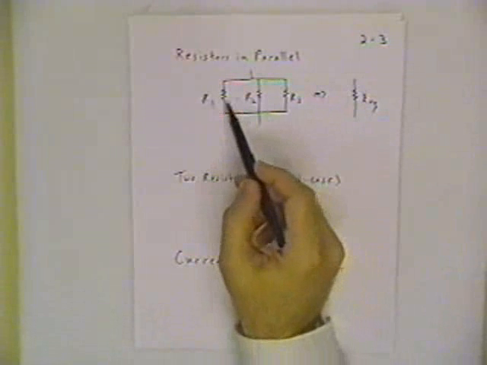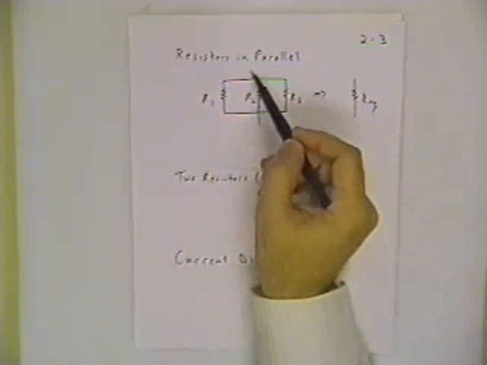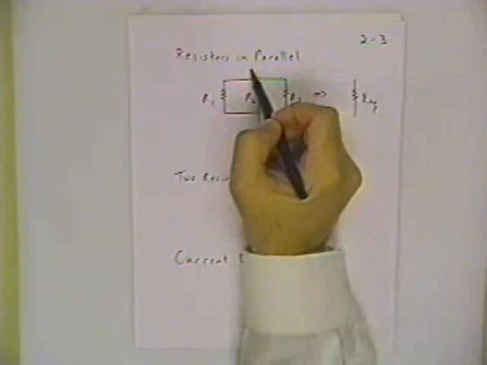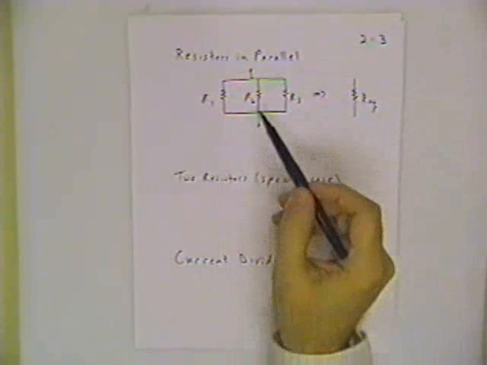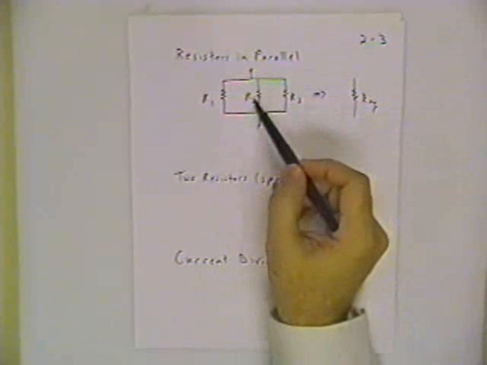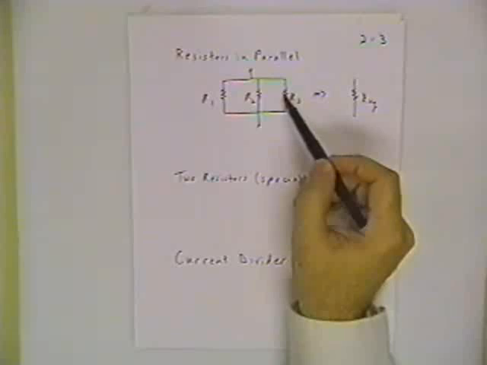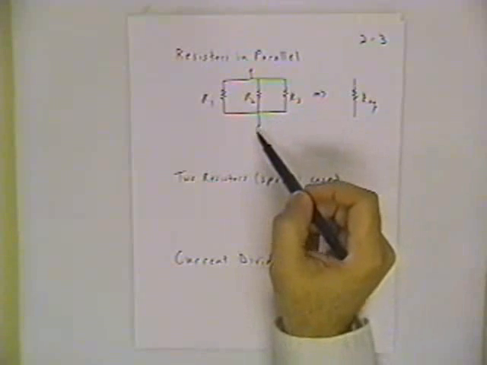Remembering that resistance goes inversely with the cross-sectional area, what I'm presenting now to a charge flowing through this network to get from the upper node to the lower node in this diagram, that charge is going to have a greater surface area to travel through, and so it's going to experience less resistance.